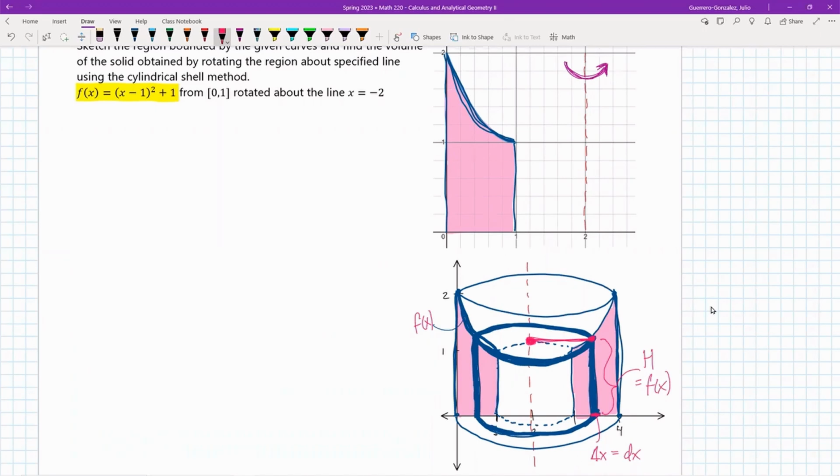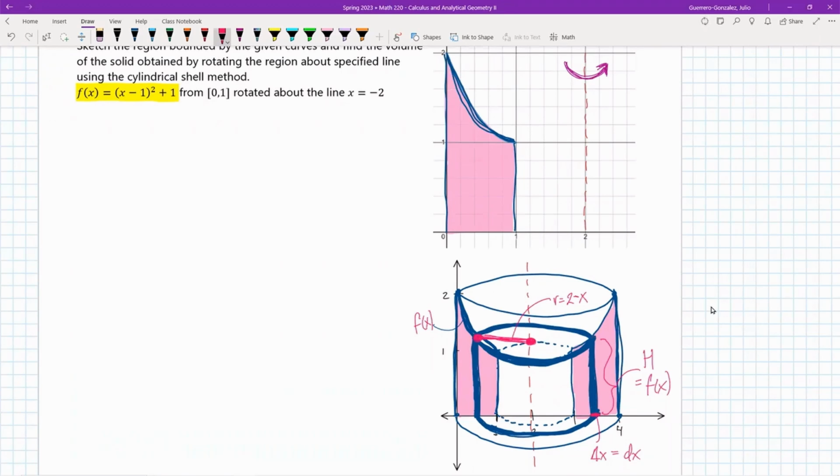And actually, I'm going to go the other way. The other way is a little clearer to see when you go out this way. That distance right here is going to be my radius, and it's going to be 2 minus x. That is going to be my radius, okay?